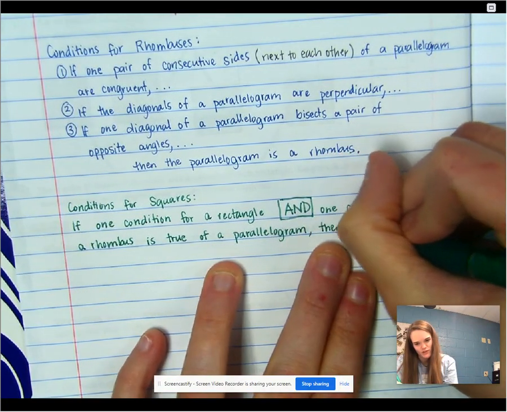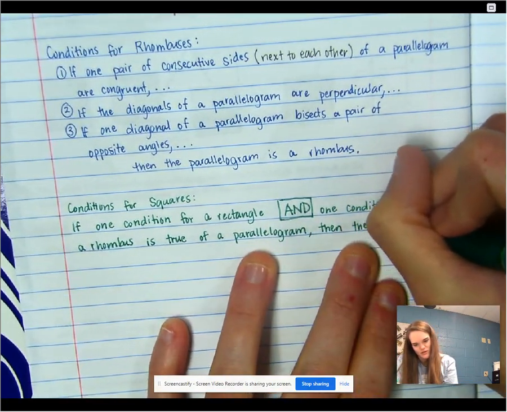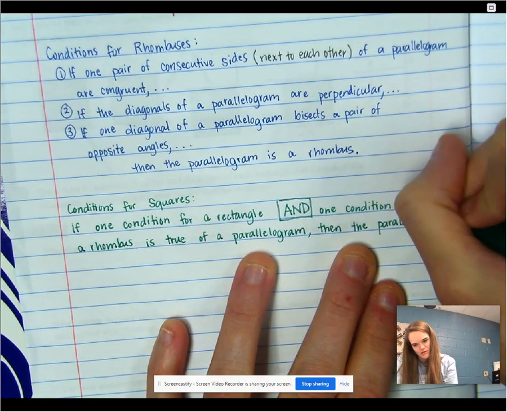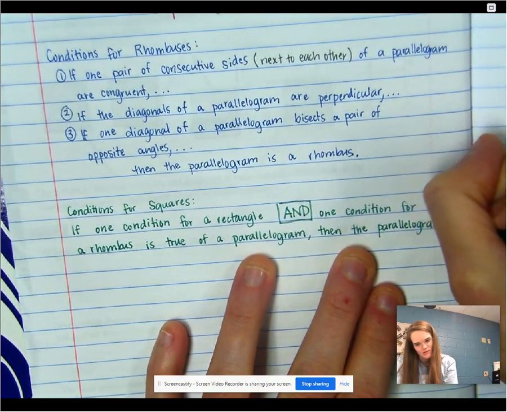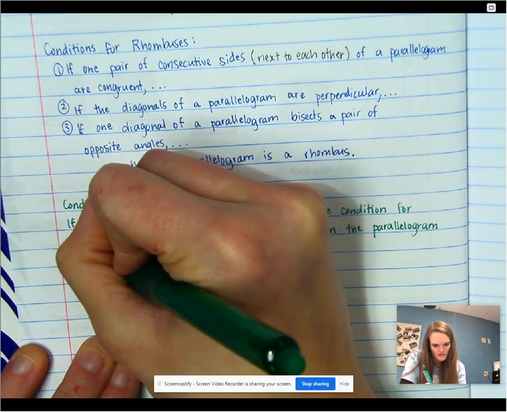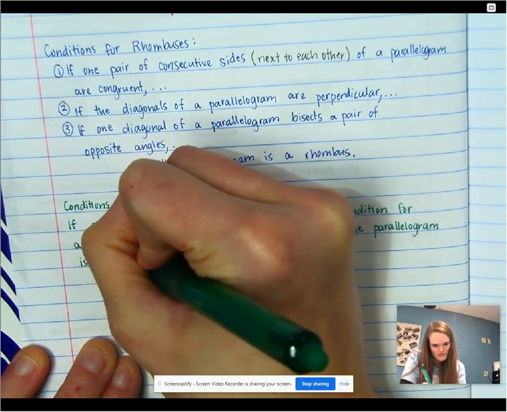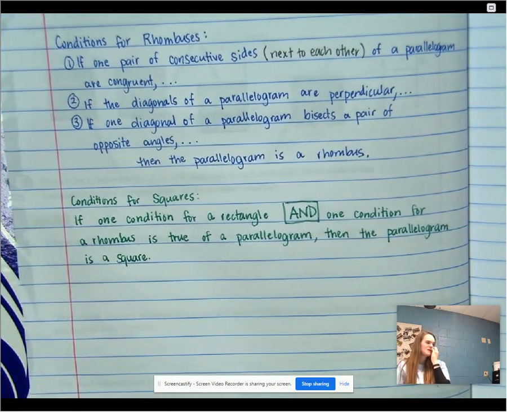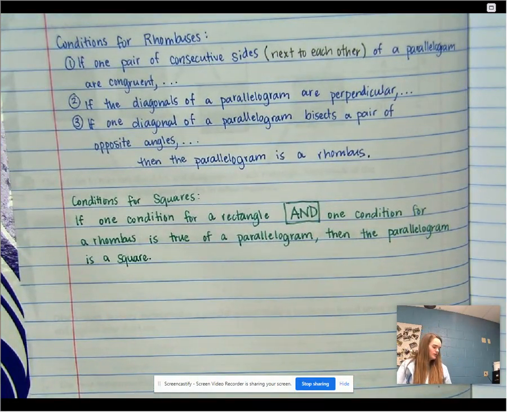So you just have to have one of each. Okay, one of each. All right, we're going to do some examples now.